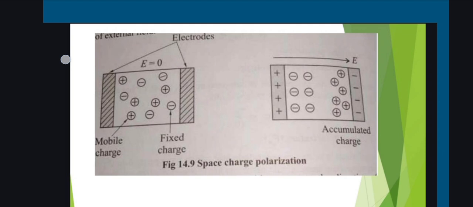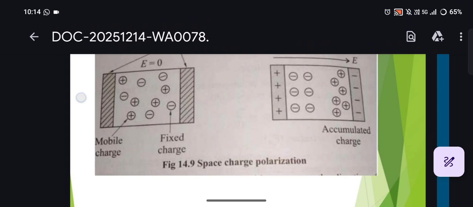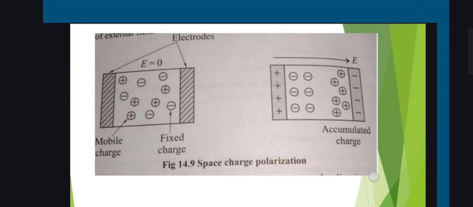Once the external electric field is applied, there is an accumulation of charge on the cathode and ions at both electrodes, so that the molecules or charges will align in the same direction of the electrodes.